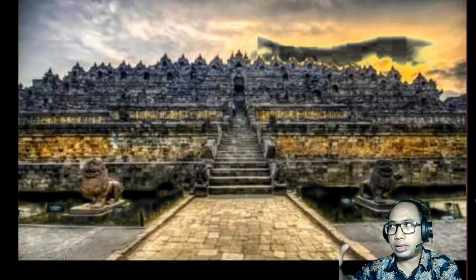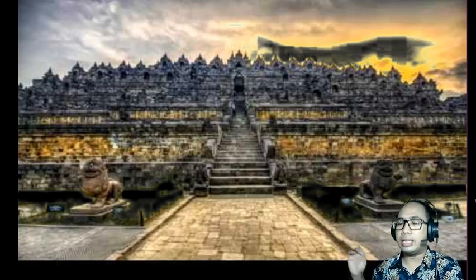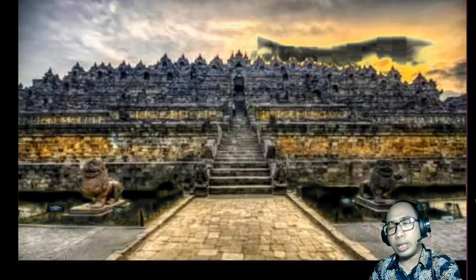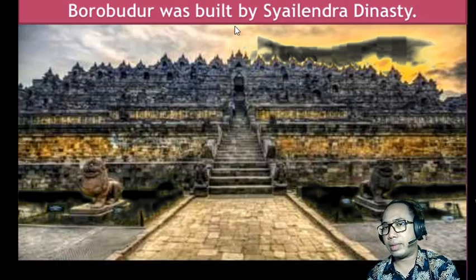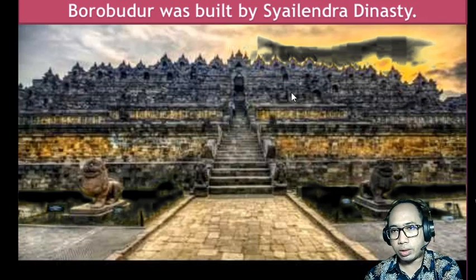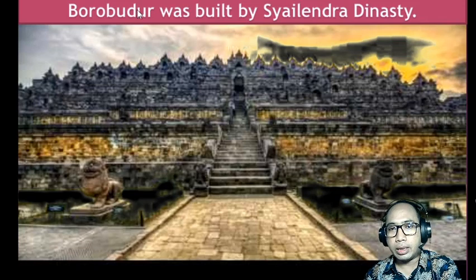If we say the Sailendra dynasty built this temple, that is an active sentence. If you want to make it passive, put the object in front like this: Borobudur was built by the Sailendra dynasty. Borobudur is the object, the Sailendra dynasty is the doer, or pelakunya or subjeknya. And in the middle of the sentence there is was built. This is the formula if you want to make a passive sentence.